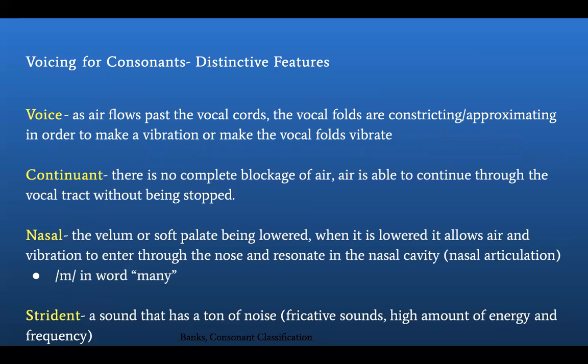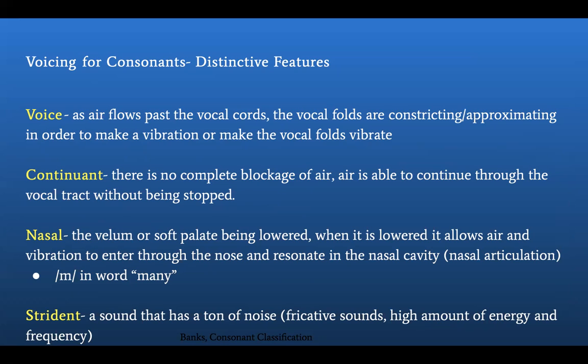So here are some terms that, once again, we can use to describe consonants and the distinctive features of consonants. Voice is a way that we describe air flowing past the vocal cords. In this case, the vocal folds are constricting or approximating in order to make the vocal folds vibrate.